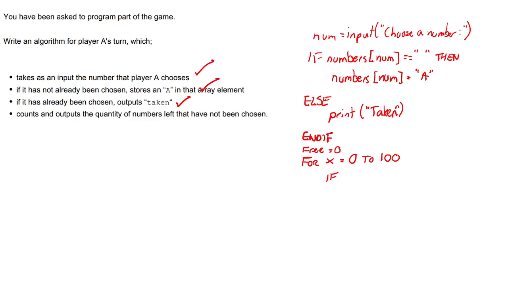If numbers x is equal to a blank string, then free equals free plus 1.